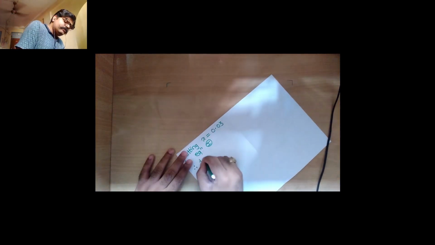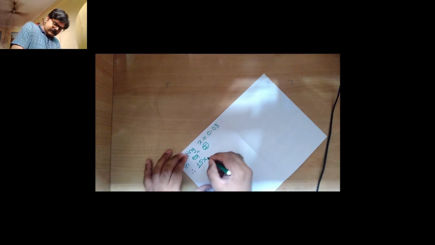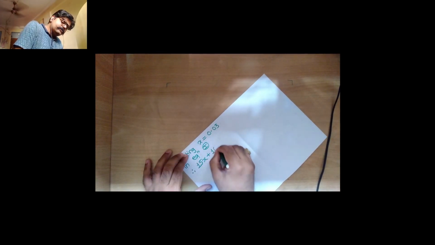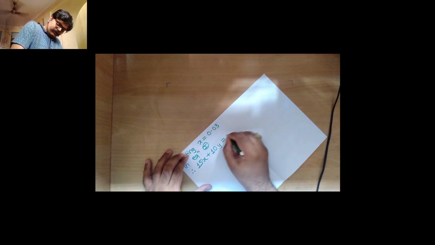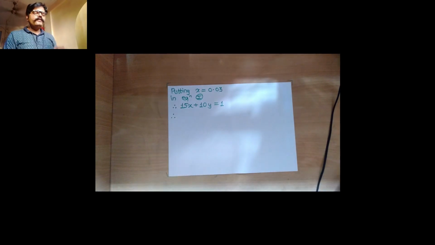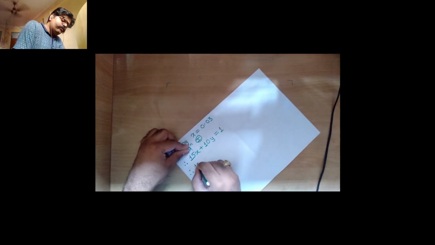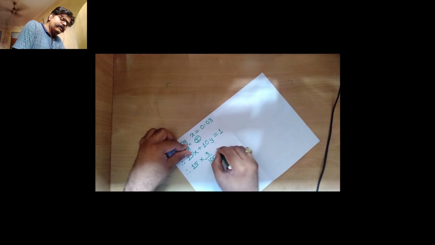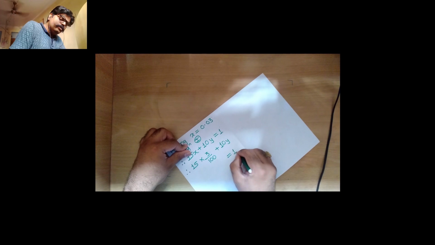It was 15x plus 10y is equal to 1. This is how the equation was. Now we are going to substitute x's value to be 3 upon 100. Therefore, 15 multiplied by 3 upon 100 plus 10y is equal to 1.